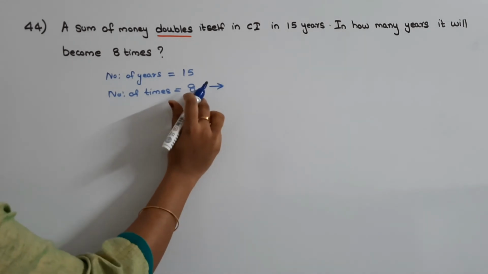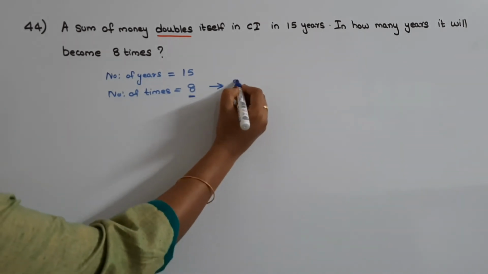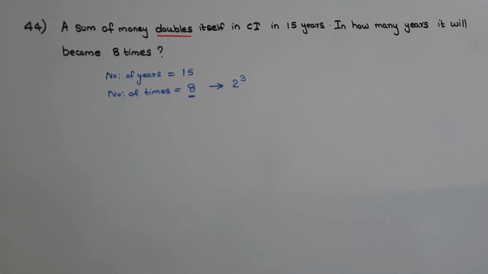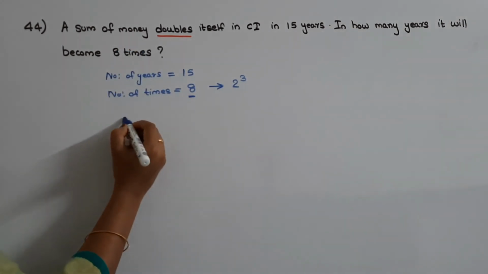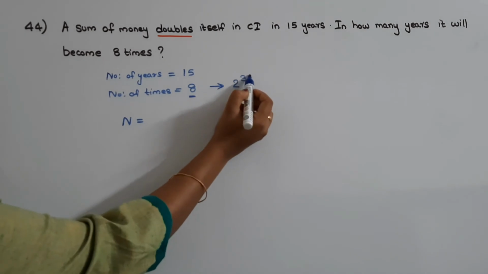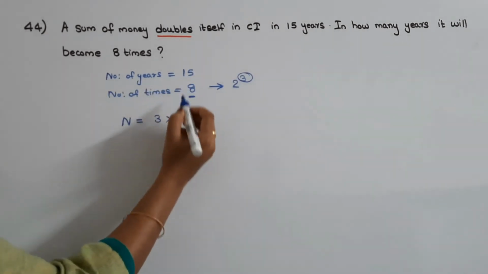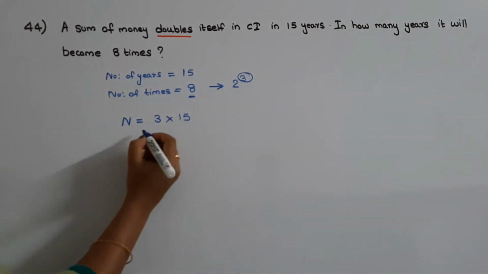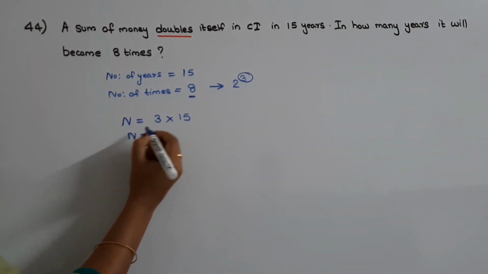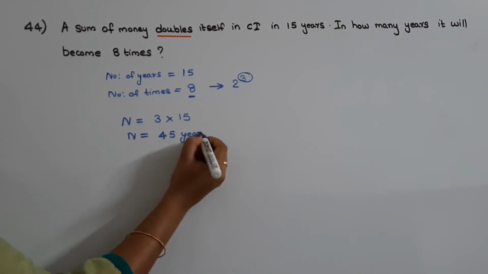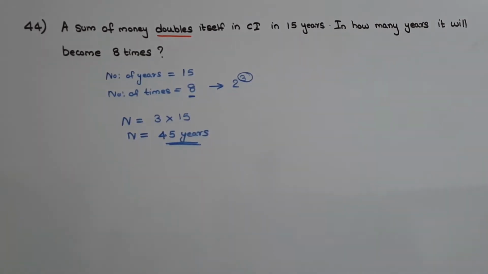How can we write 8 as a power of 2? It can be written as 2 cube. Now, in order to get the value of n, we need to multiply this power, that is 3, with the number of years. The number of years here is 15. Hence the n value will be equal to 45 years. So this is the answer.